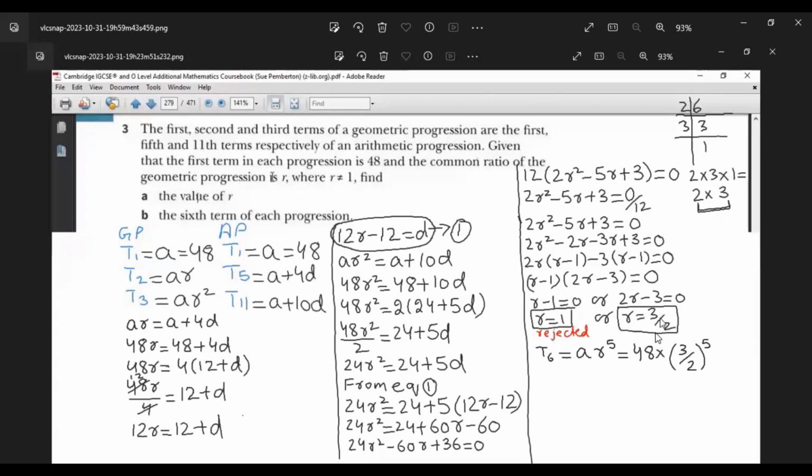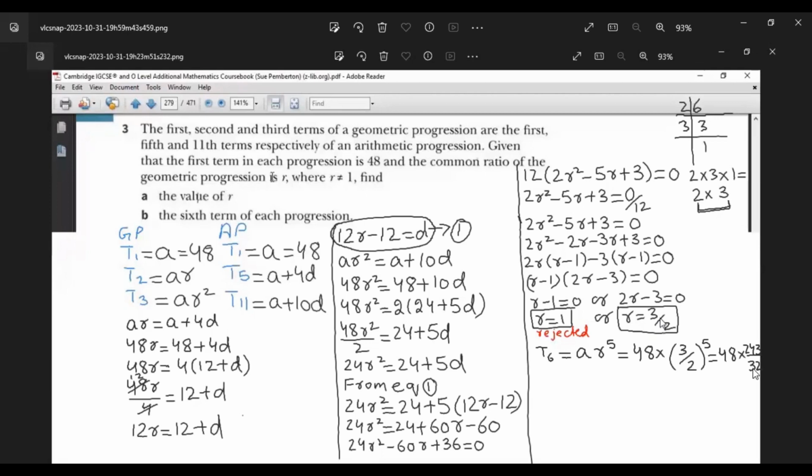When I simplify it, this will be equal to 48 into 2 power 5, which is 32, and 3 power 5, which is 243. Now simplifying further: 48 into 243 divided by 32.